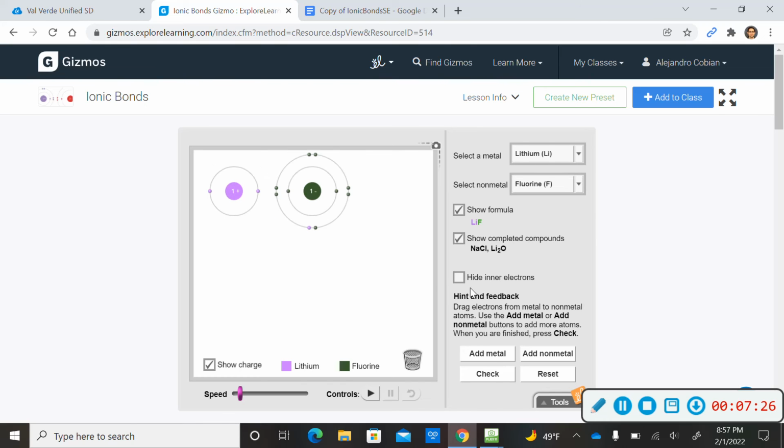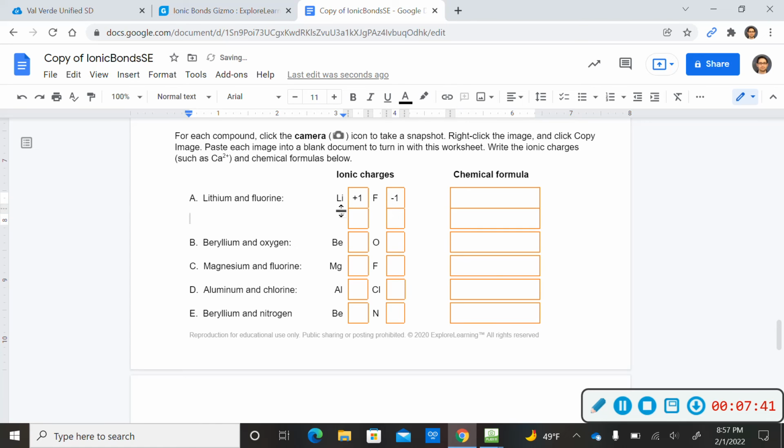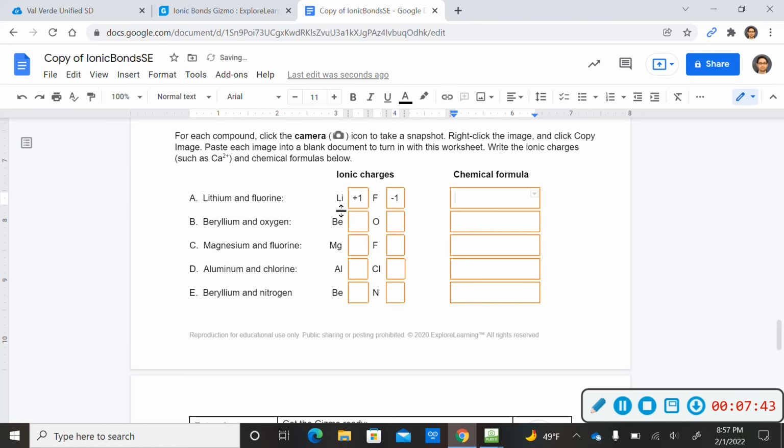So we go ahead and donate. We check it, and we're good. It has a complete valence shell of 8 electrons. So all we do here is write out the charge on this lithium and the charge on fluorine, which is -1. As far as the formula goes, we just write lithium fluoride.